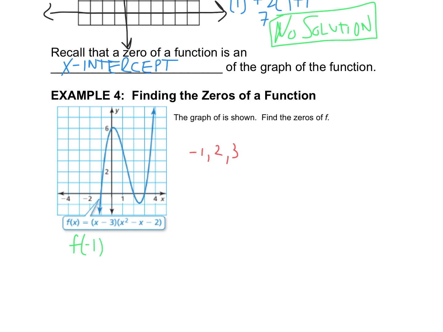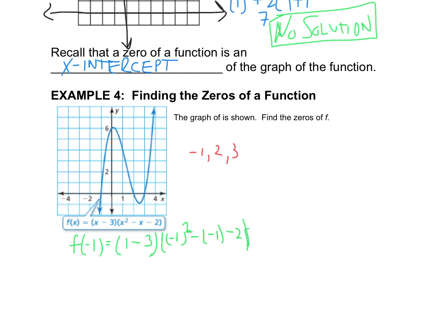Remember, if -1 goes in, the f of -1, I would then plug in -1 minus 3, and then -1 squared minus -1 minus 2 in the second set of parentheses.